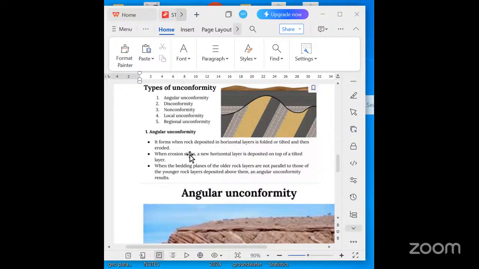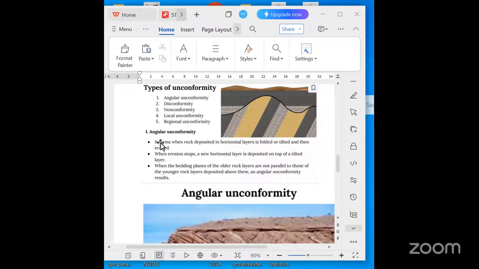The older strata are usually tilted or folded and subsequently eroded before the overlying strata were deposited. The younger strata, as you see here, are essentially parallel to the unconformity. Some angular unconformities represent many millions of years of geological time.